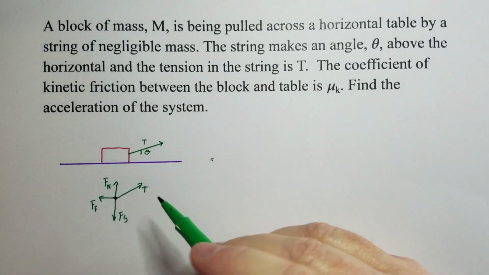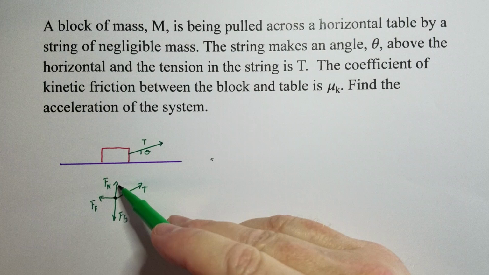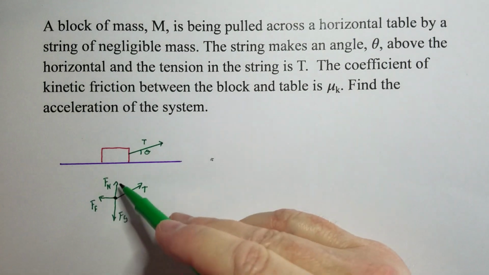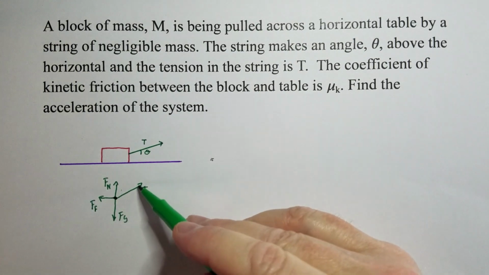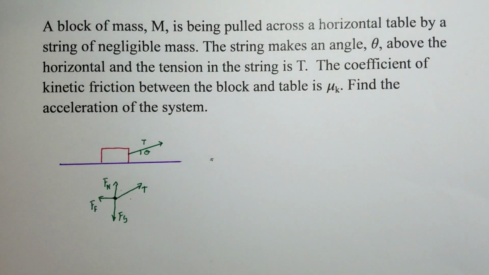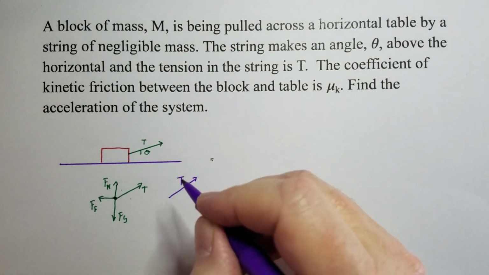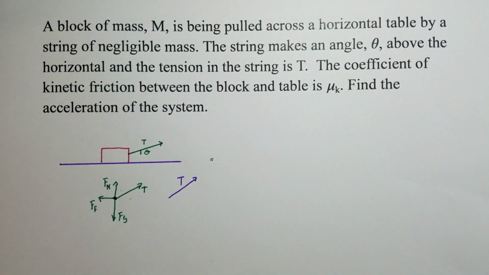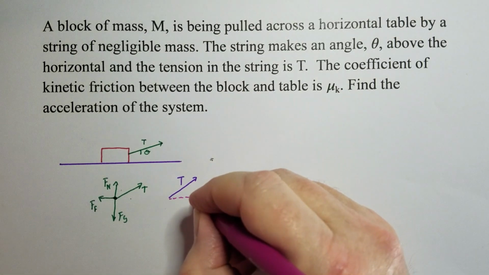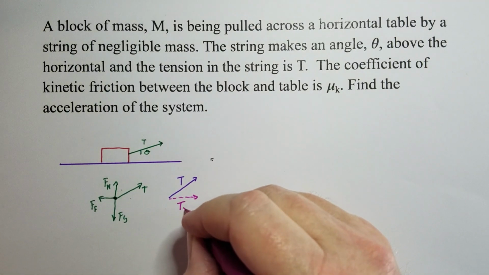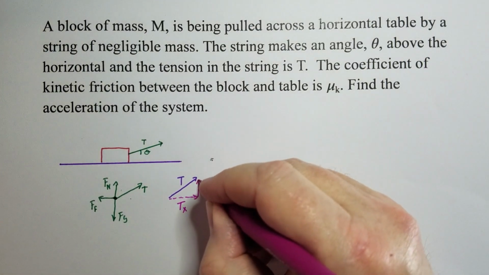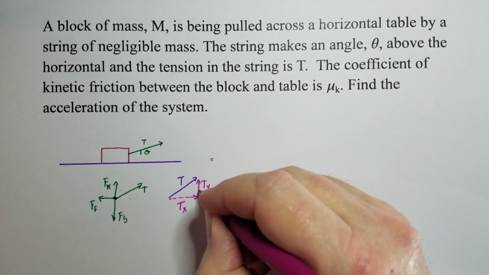Now, in this case, the normal force is not equal to the weight of the object, because we've got this other tension acting up, and that tension is doing a couple of things. Not only is it pulling the block across the table, but it is also lifting up on the block. So we have part of the force pulling across the table and part of that force actually lifting it.